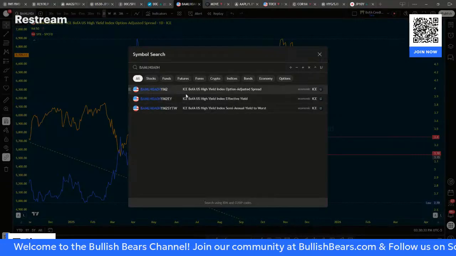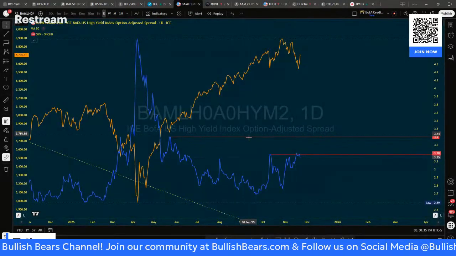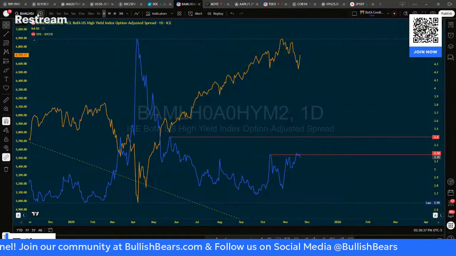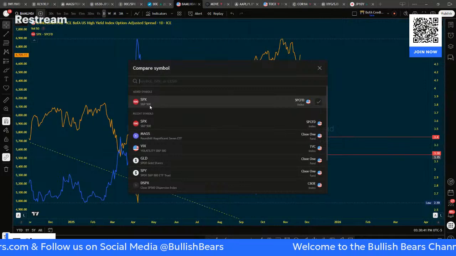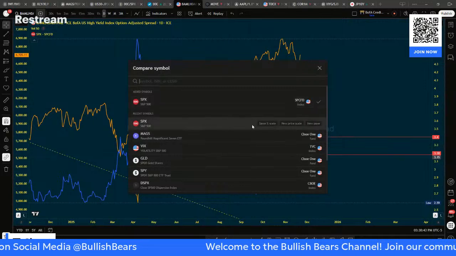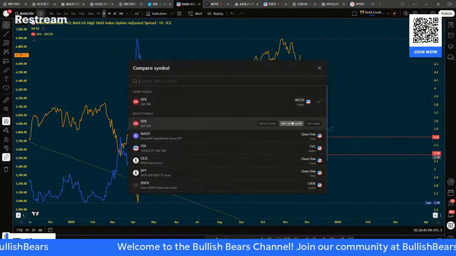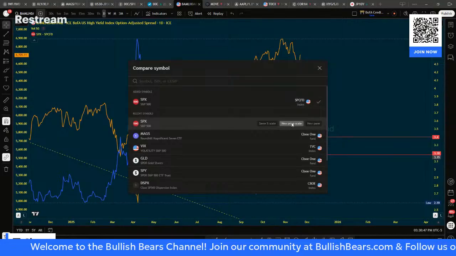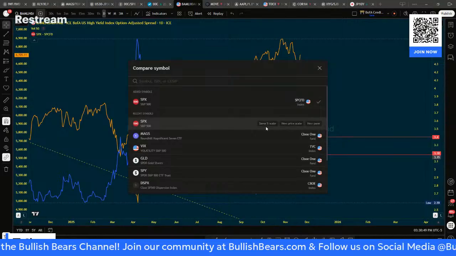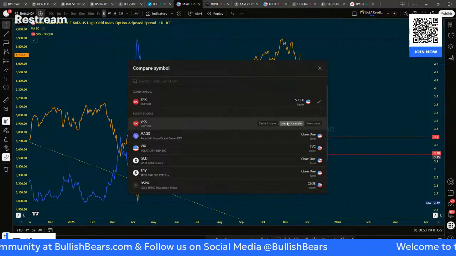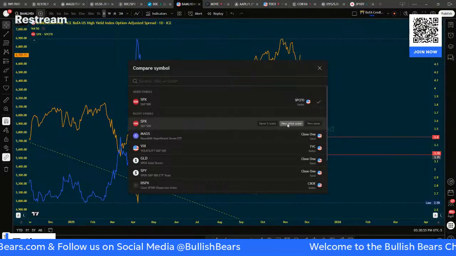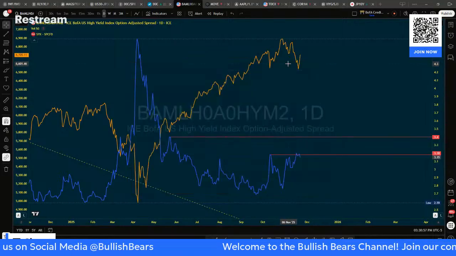Once you have the index, go up here to the plus sign and type in SPX. I use new price scale when I make mine, but you can do same scale percent or you could put it lower in a new pane. I always use this one, and that way it'll overlap.